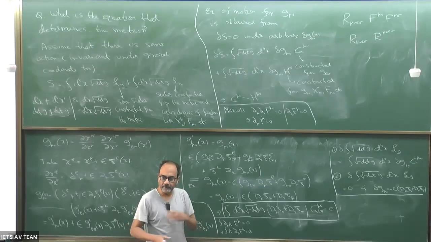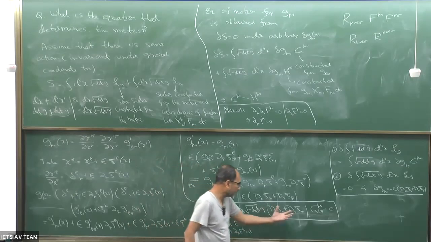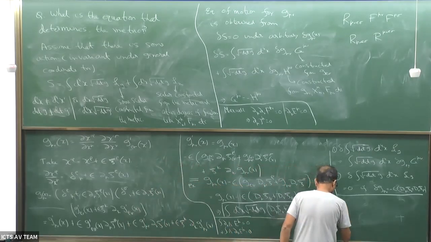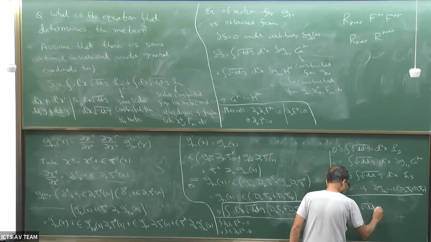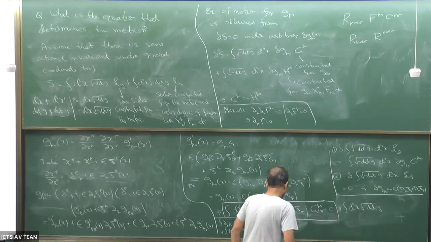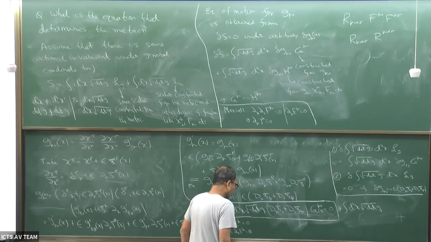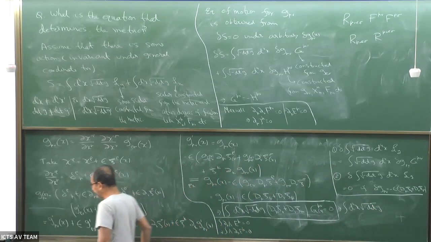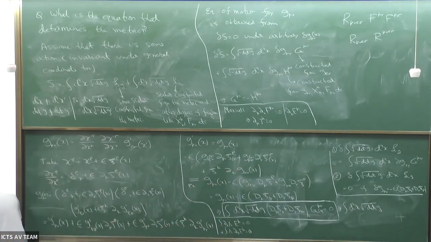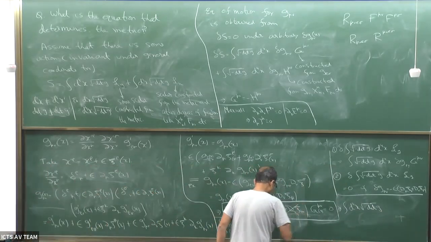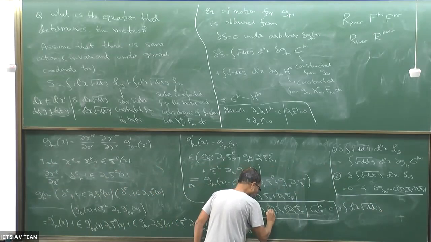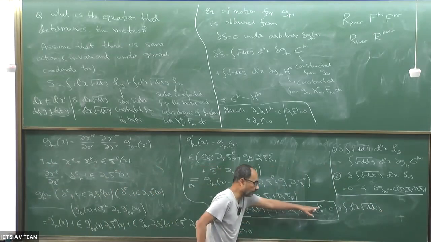The point is all of these effects compensate each other. And what one can show is that this equation actually implies that integral d4x square root of minus determinant g... So to simplify things, I can just drop this and multiply this by a factor of 2, because this is symmetric.